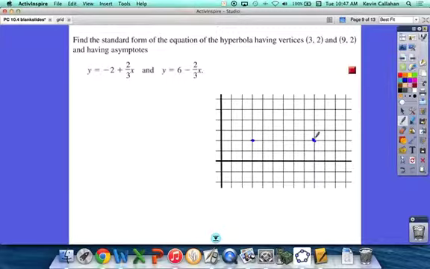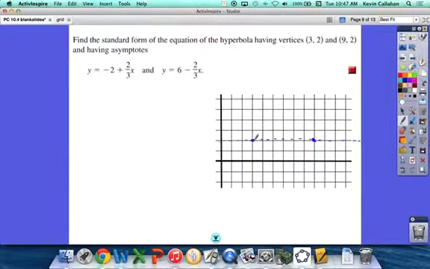Okay, so at this point, we know the vertices, so we know is it horizontal or vertical, and we can find the center pretty easily. Is it horizontal or vertical? If the vertices are on this line, it's horizontal. And what would be the center?